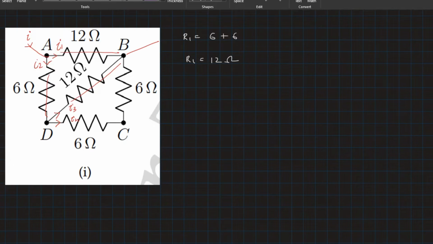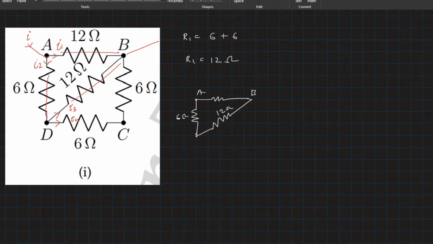Okay, so I have to redraw this diagram now, to see what changes have taken place. So this is point A, this is point B. Okay, so this is what we have over here is 6 ohms. Then we have a 12 ohm resistor.